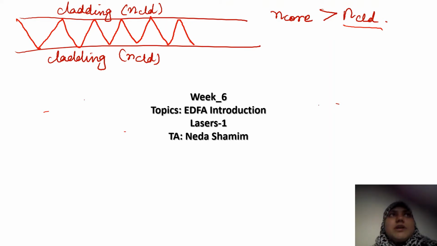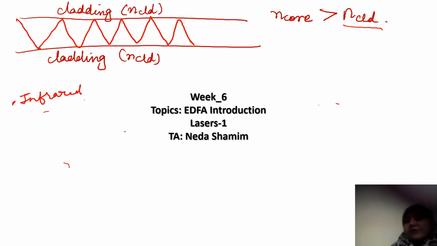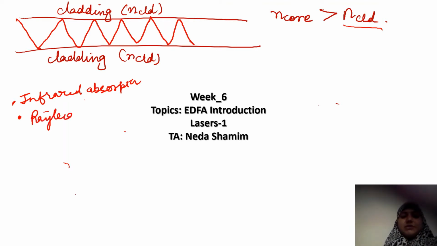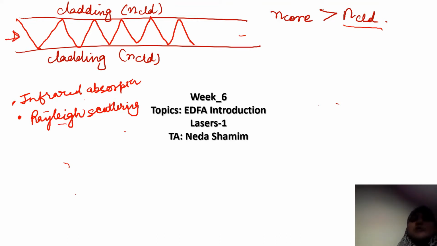There can be some centers of absorption: beyond the wavelength of 1.6 micrometers, there is infrared absorption, and within the wavelength of 1 micrometer to 1.6 micrometers, there are scattering centers, so there will be Rayleigh scattering. Because of this, there are losses in the medium. So if we send a very strong signal here, the signal that we receive will be a weak signal.